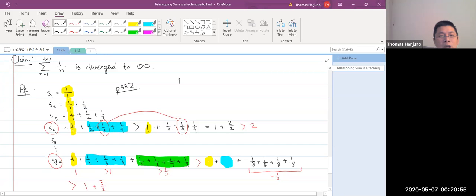Now the thing is, this series has a special name called the harmonic series. It refers to the sum of 1 over n from 1 to infinity.